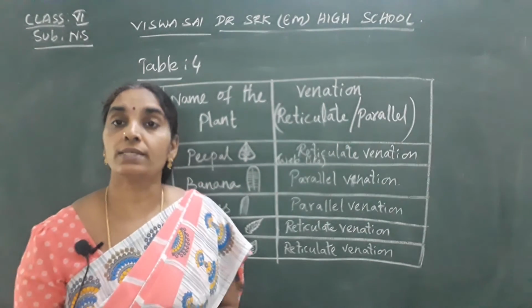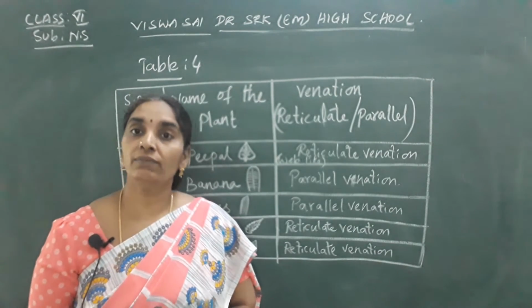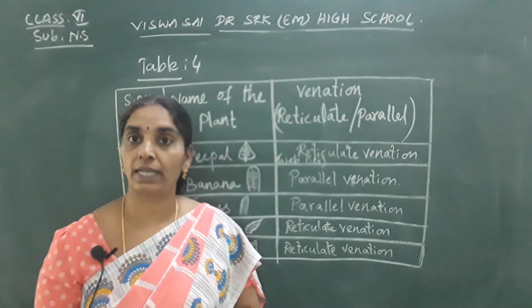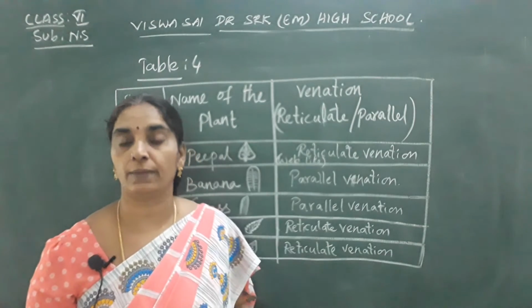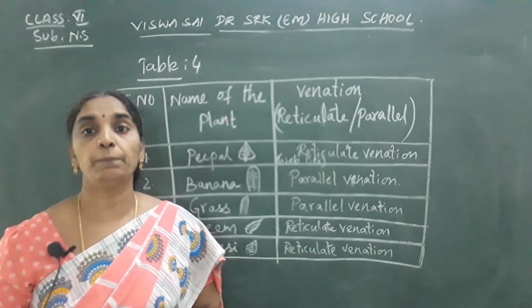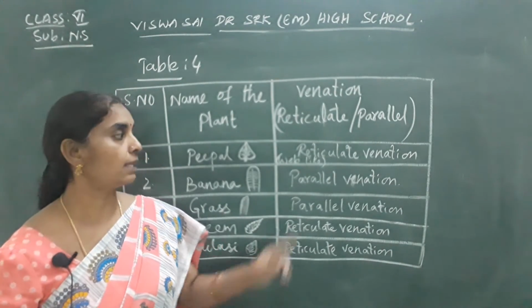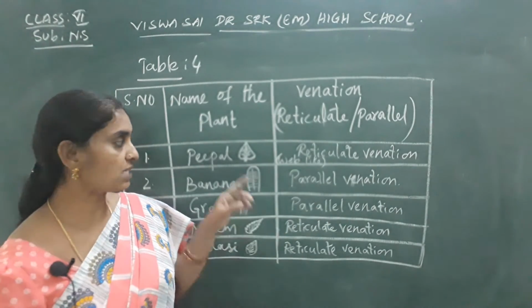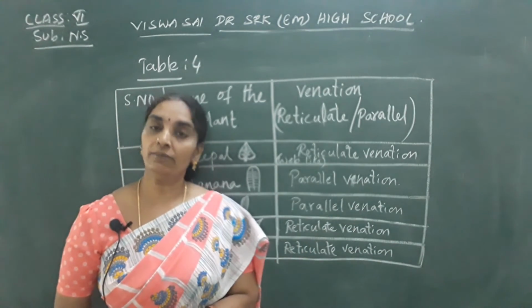Okay children. So this is about the parallel venation and reticulate venation, which I have already told you about, how the root system is related to the venation. If the plants have the taproot system, then the leaves show reticulate venation. The plants with the fibrous root system show leaves with parallel venation.